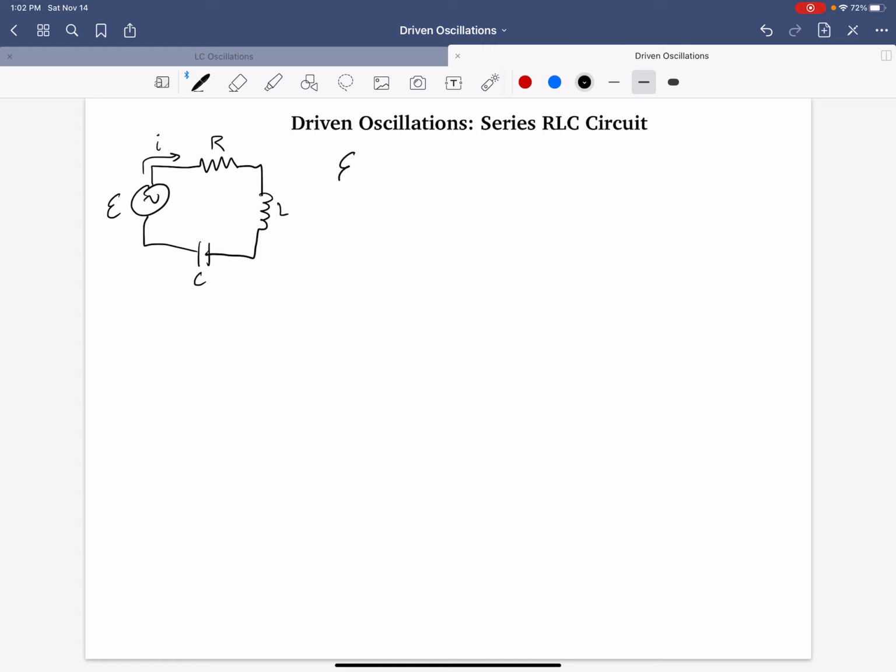So we can write down a Kirchhoff's loop equation, starting with the EMF and then subtracting all of the voltages for the circuit elements. So we have this. And thus, the EMF varies in time. We can write it like this.